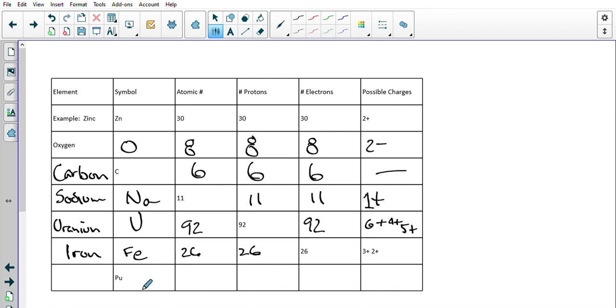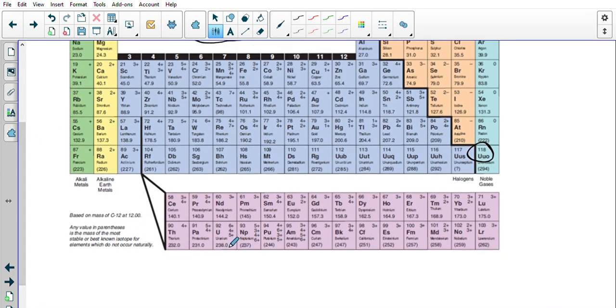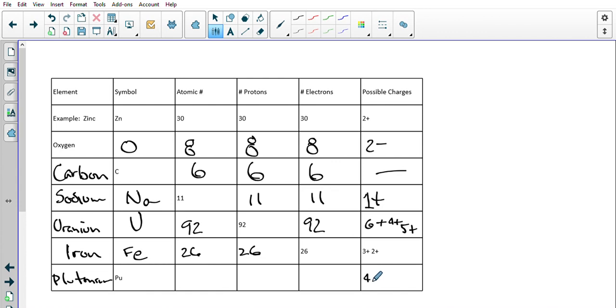Okay. All right, here we have Pu. Pu stands for plutonium. You can't make up names. You've got to find them on the periodic table. Now, I happen to know where here's plutonium, element number 94, 4, 6, 3, 5.